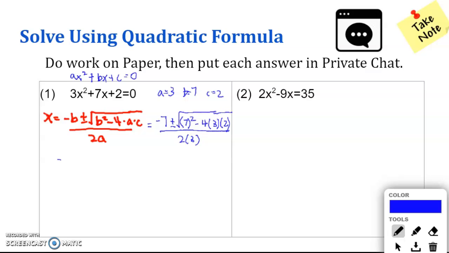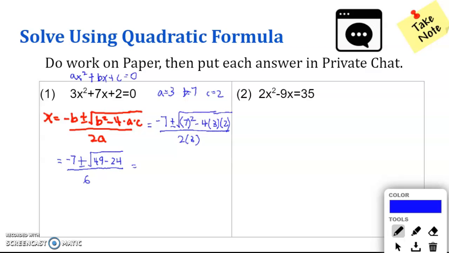Then you simplify. So that's negative 7 plus or minus, b squared is 7 squared, which is 49, minus 4 times 3, which is 12. 12 times 2 is negative 24. So it's 49 minus 24, all over 2 times 3, which is 6.